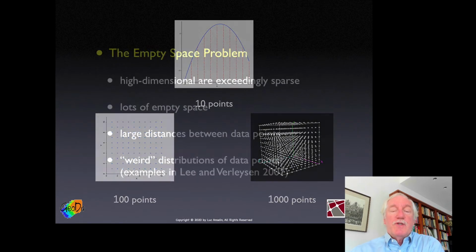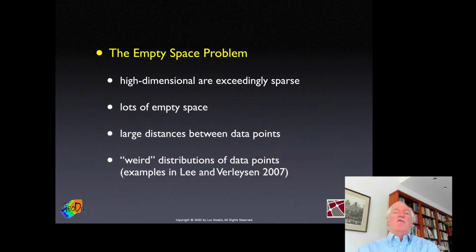The second big problem for multivariate analysis is what is called the empty space problem. We don't necessarily think of this when we work in 2 dimensions or even in 3 dimensions, but high dimensional spaces are exceedingly sparse. There's a lot of distance between the data points.